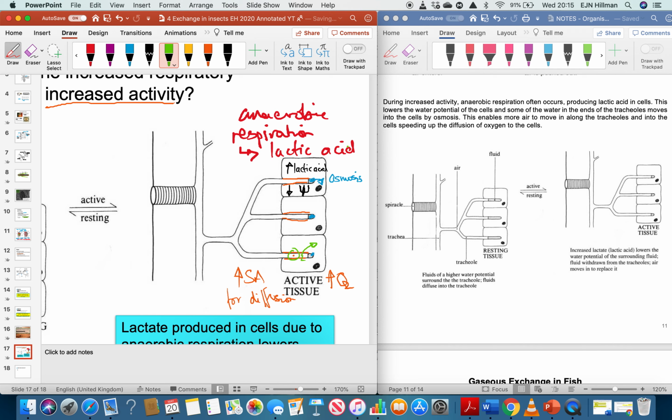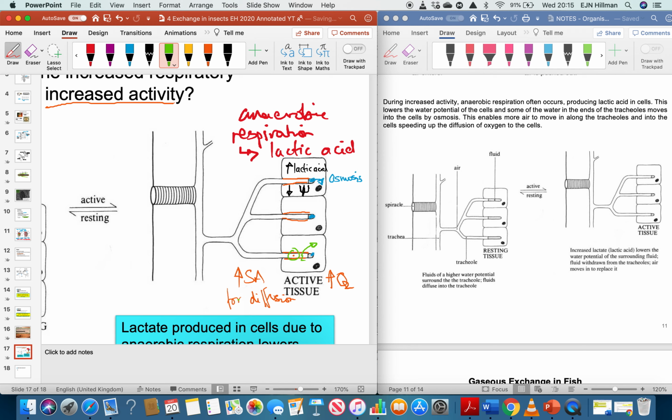And that's great. I think that's amazing. So with the increased anaerobic respiration that might occur if there was increased activity, it makes more lactic acid, lowers the water potential. Water moves out of the fluid by osmosis.